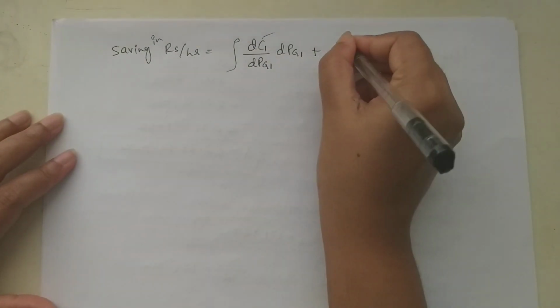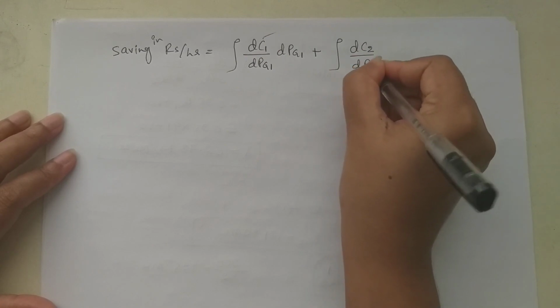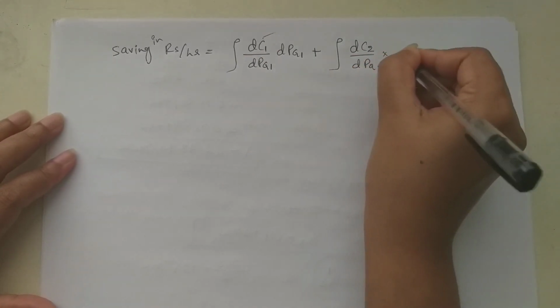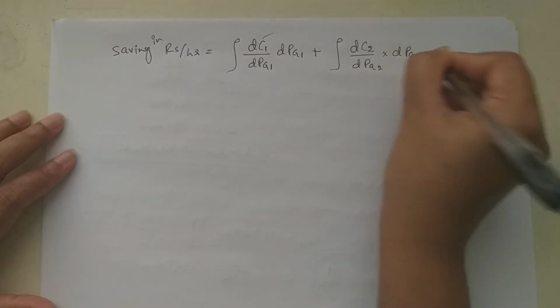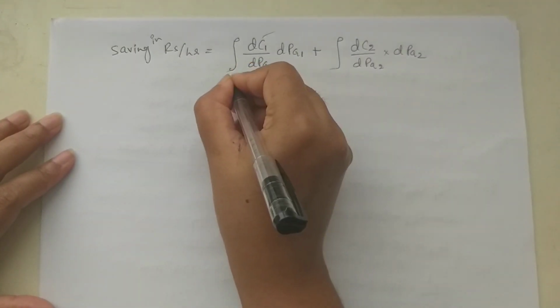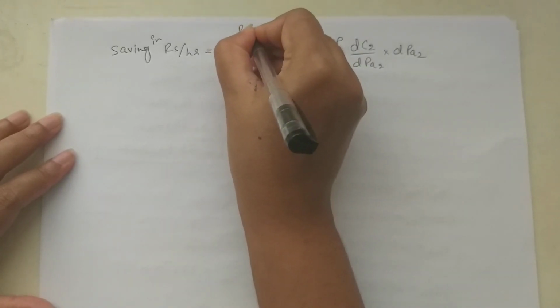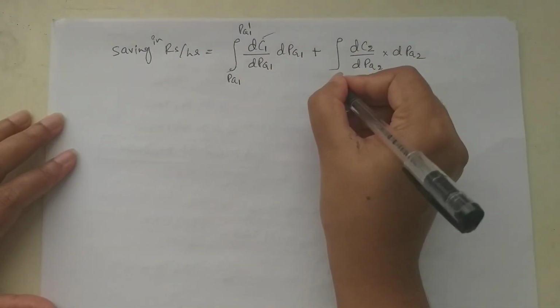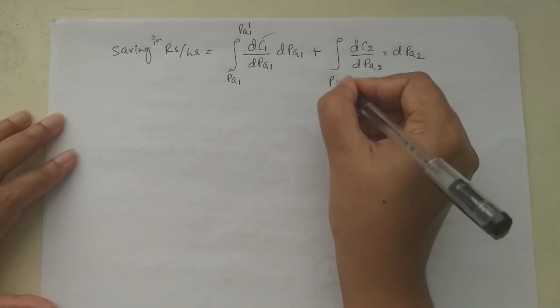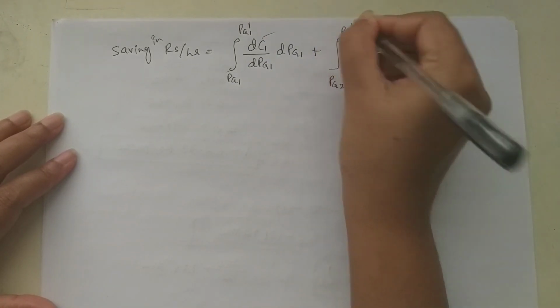Similarly, we have to integrate incremental cost 2 with respect to Pg2. Here the integral limit varies from Pg1 to Pg1 dash, and here from Pg2 to Pg2 dash.